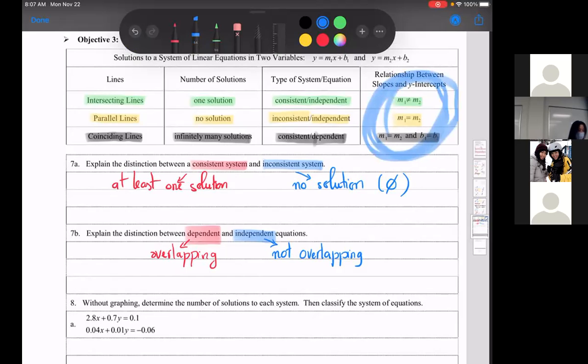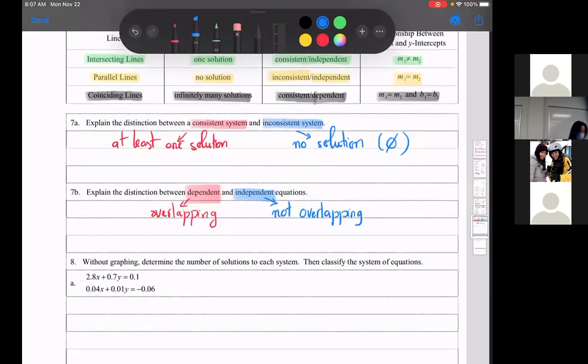In order to use the slope, what do I have to do? Yeah, I have to solve for y, right? So let me highlight that in blue. Let me rewrite down here: 2.8x plus 0.7y equals 0.1.